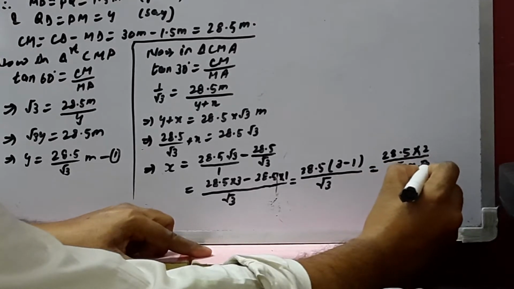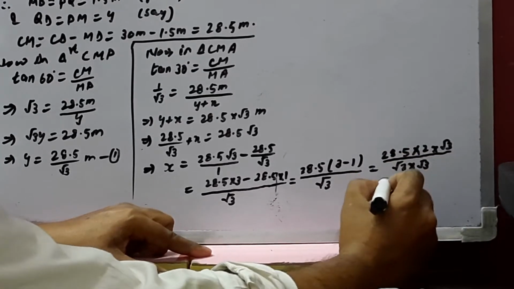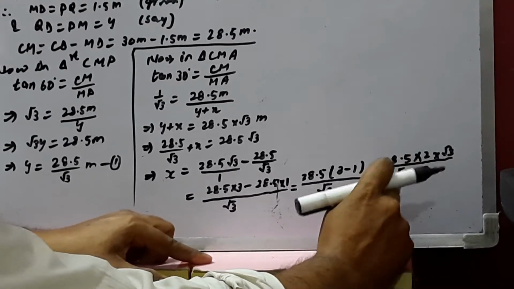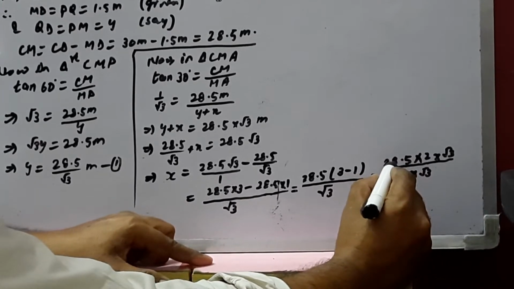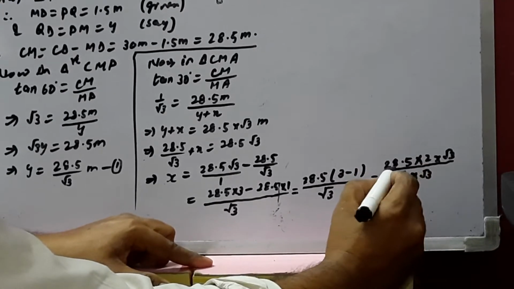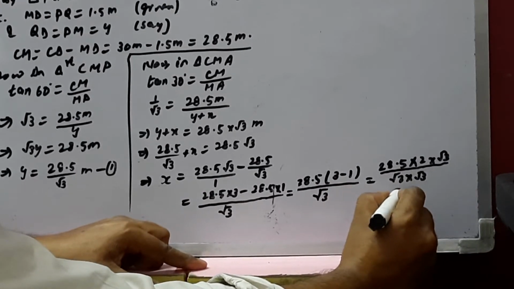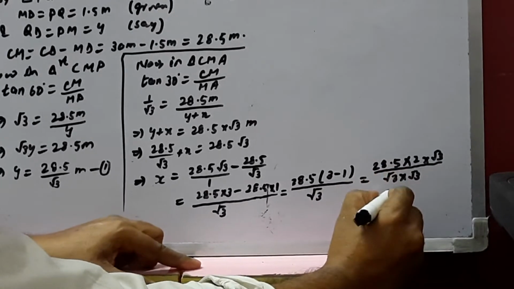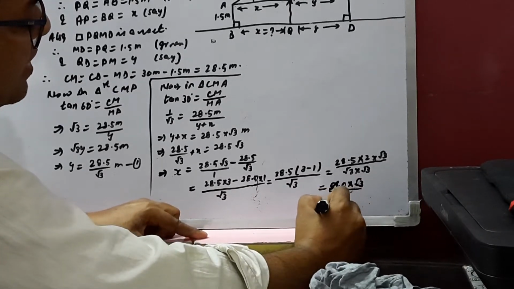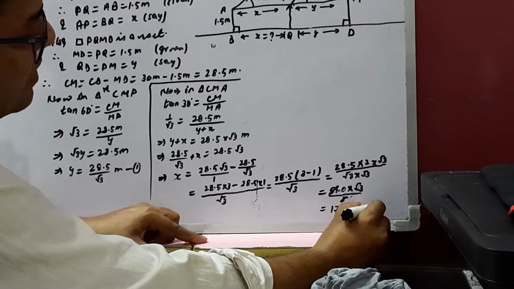Rationalize it, root 3 into root 3, and this is 28.5 into multiply it by 2, 57, this root 3 into root 3 by 3, and this is 19, and the final 19 root 3 meter is your final answer.